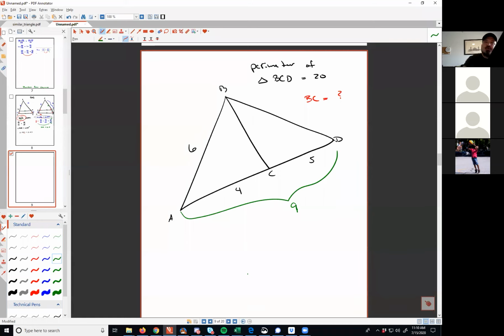Five over 9 is 4 over 9? Oh, I'm sorry, I think I'm confusing myself. But they are both part of the same original shape.